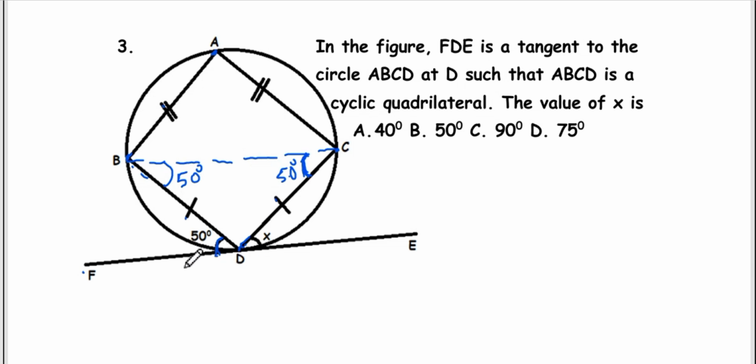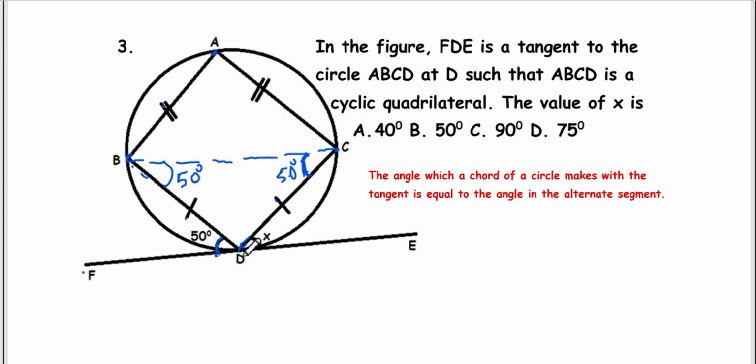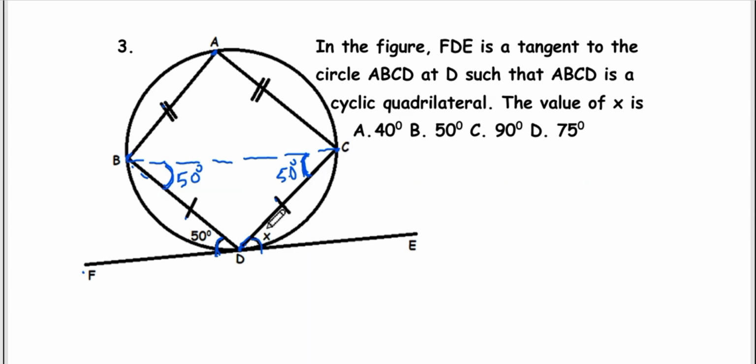You get it now? Now this is a tangent. Remember our theorem, the angle which this chord makes with this tangent is equal to the angle in the alternate segment. The angle in the alternate segment is the angle facing this chord DC. The angle facing this chord is equal to the angle which this chord makes with this tangent.